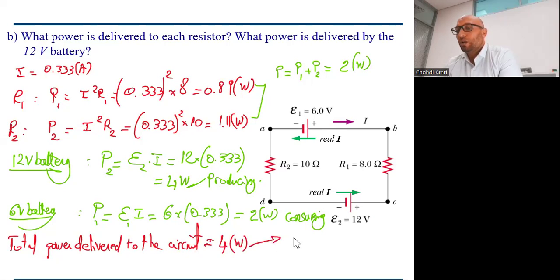Why? Because 2 watts will go to the resistors, and 2 watts is going to the 6-volt battery because it's also consuming.